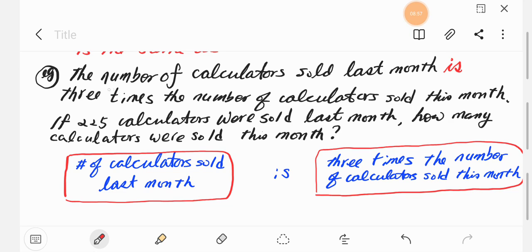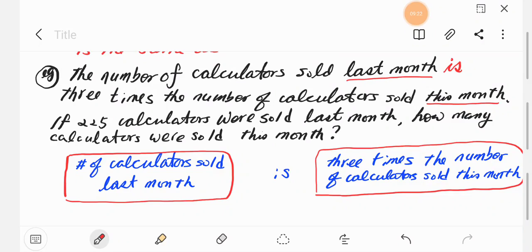So the left side is the number of calculators sold last month. So let's put it here like this. Number of calculators sold last month is. So separate this with is. Then that value will be 3 times the number of calculators sold this month. Okay, this month will be on the right hand side, and the last month will be on the left hand side.